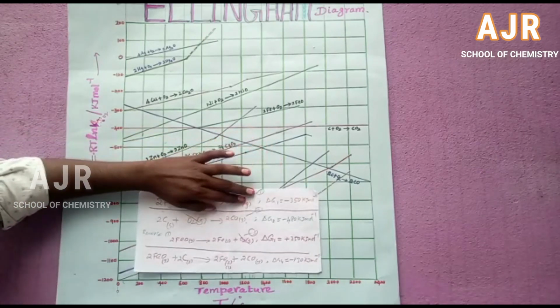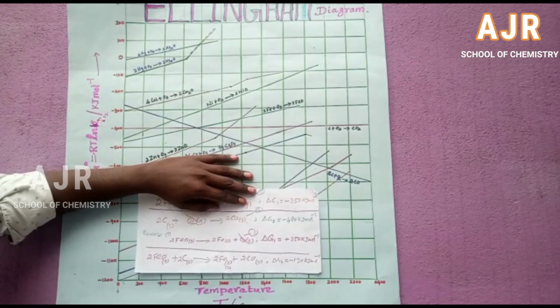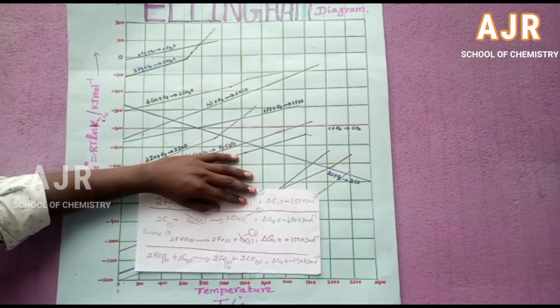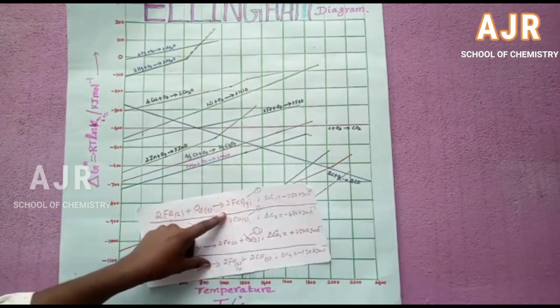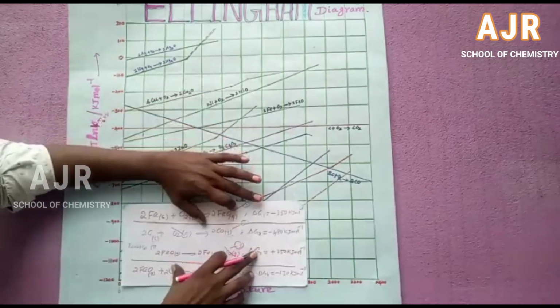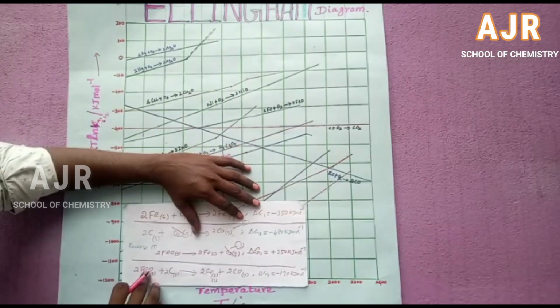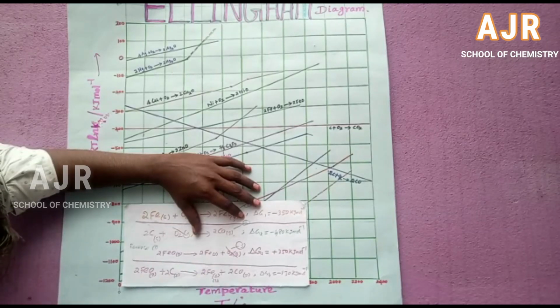And this Gibbs free energy change is negative, which indicates that this reduction of FeO by carbon is thermodynamically favorable or feasible. Also, this is the standard free energy for the reduction of 2 moles of FeO.